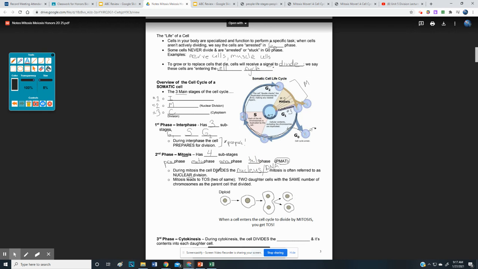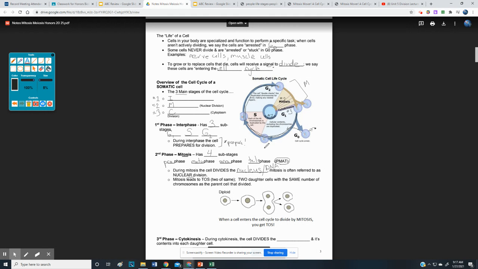It also might help you to remember that pro means first, and the thing to remember about telophase is that it is in alphabetical order. T comes last, so that might help you remember telophase is the last stage, PMAT.